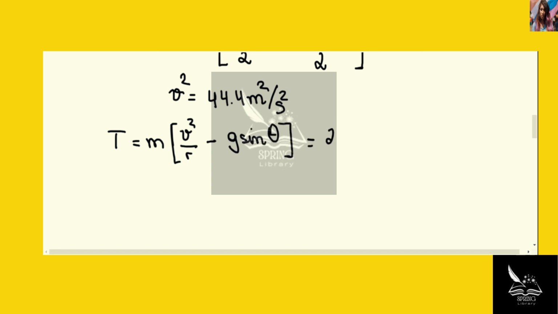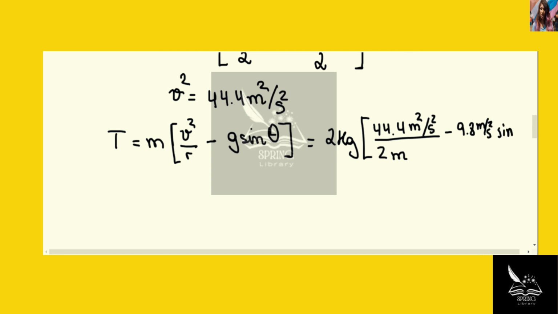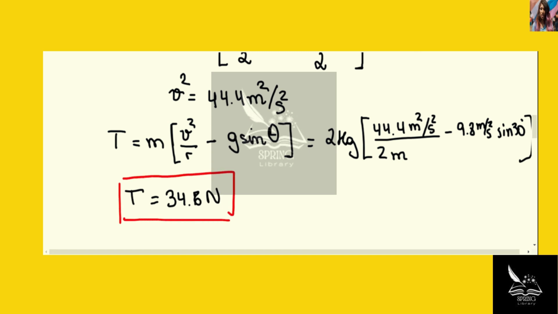So m is 2 kilograms. v squared is 44.4 meters squared per second squared, divided by 2 meters, minus 9.8 meters per second squared times sine of theta. So T is equal to 34.6 newtons. And this concludes our exercise.